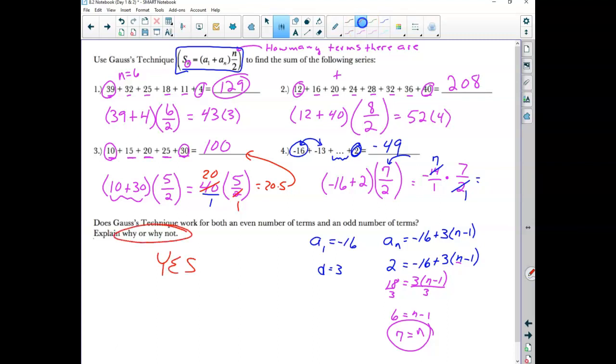Does it really matter why or why not? Because we just did it with an odd number of terms with 5 and with 7, and we just did it with an even number of terms, which is 6 and 8. So yeah, it does work. So let's not break our brain on that. Why does it work? Because it does. Because half of 7 is 3.5, and I can multiply decimals and whole numbers, okay?